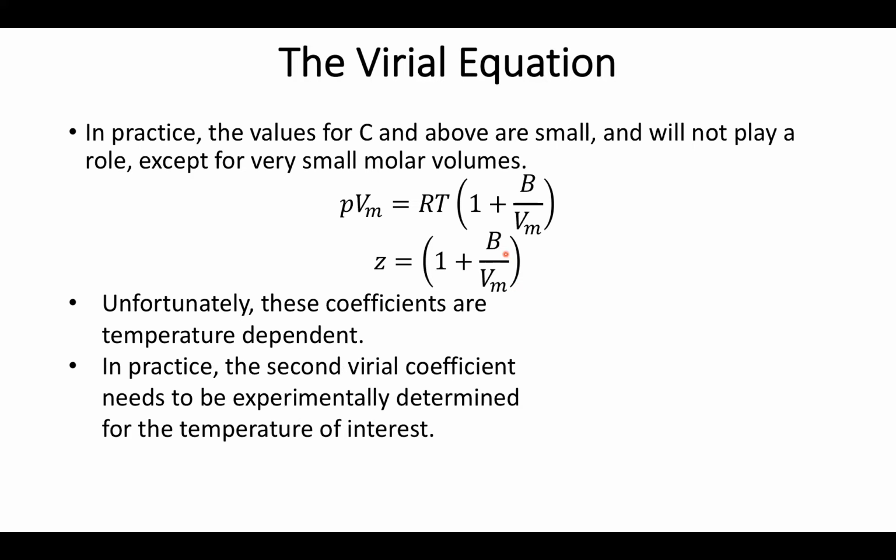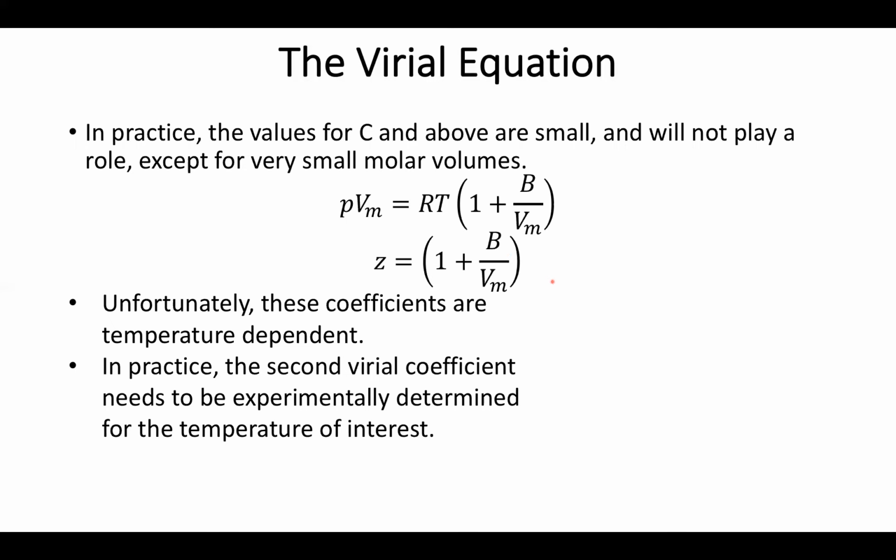So what this means is that in practice, you're going to obtain a set of virial coefficients that will perfectly describe a gas at a fixed temperature. So unfortunately, the Virial equation is mostly going to be best used when describing isothermal behavior.